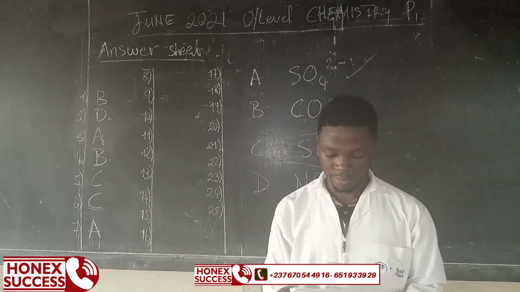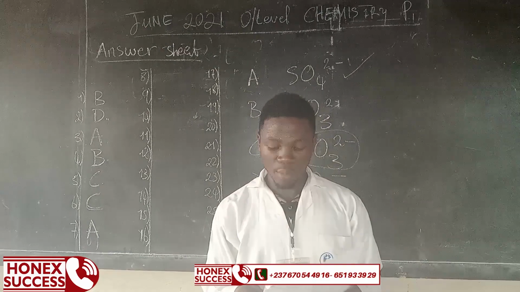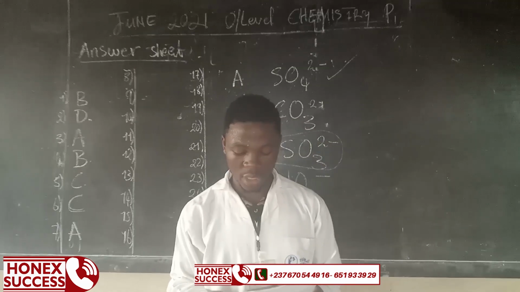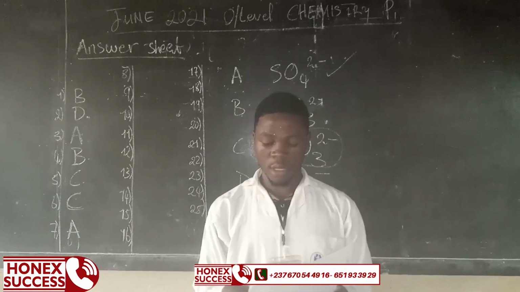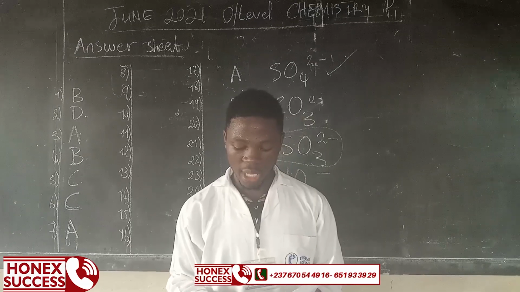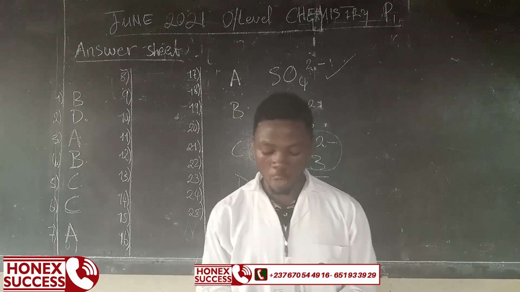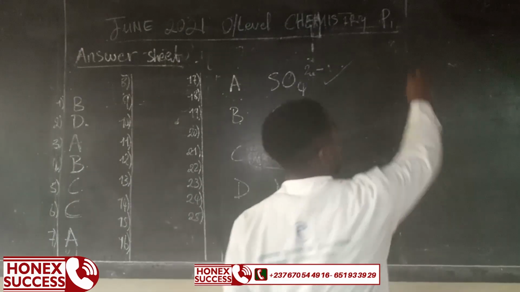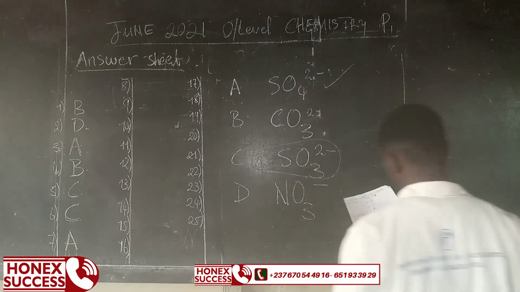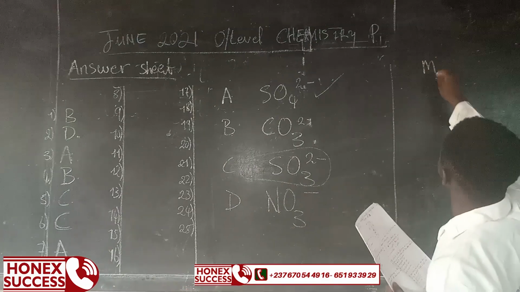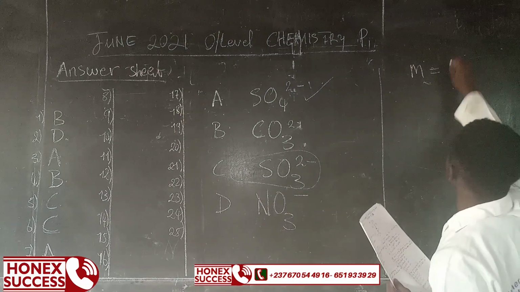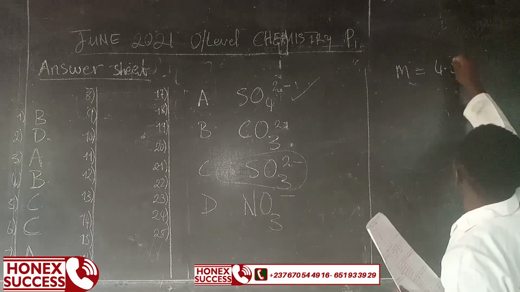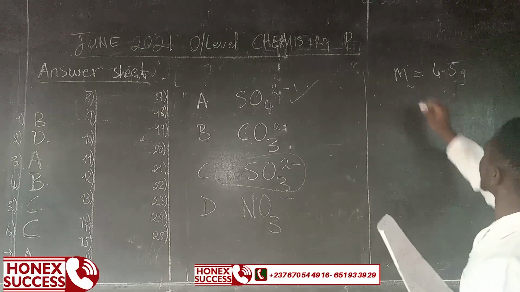Question 8. How many molecules are there in 4.5 grams of water? So we have to calculate. Our mass was given as 4.5 grams.